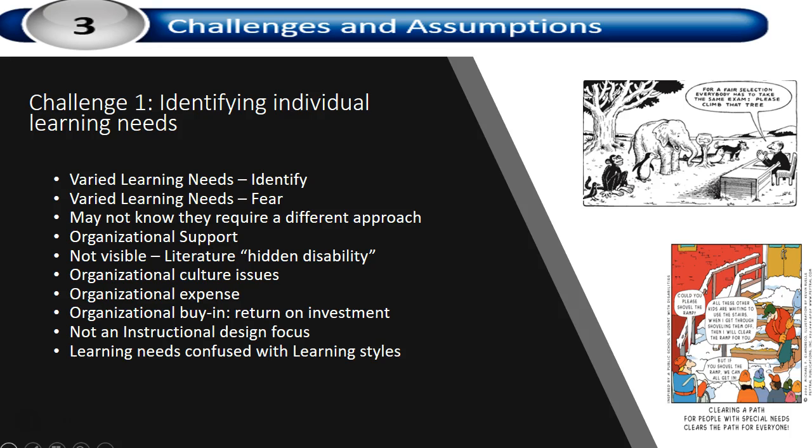There's a lack of organizational support for addressing the learning needs of individuals that aren't your traditional employees. And the literature described, and I'm really looking to focus on those who have what they call a hidden disability, which means that within a hidden disability, you don't know by looking at the person that they would require any differences or any accommodation.